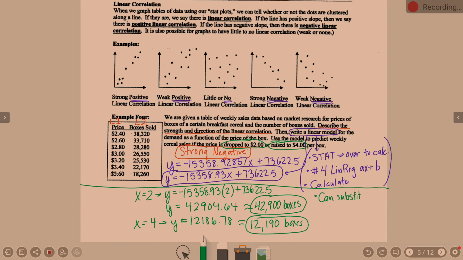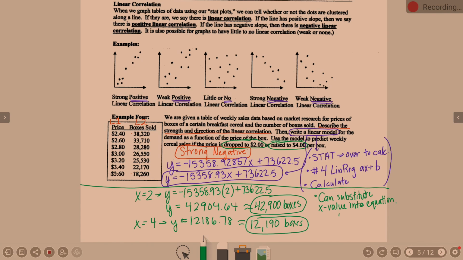You can substitute the x value into the equation. And if nothing else, that's the go-to there, isn't it?